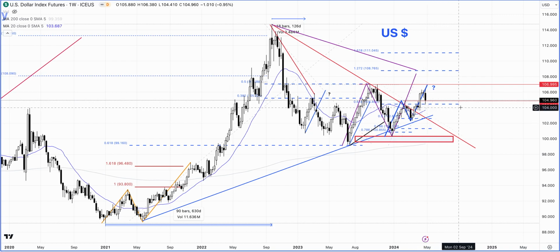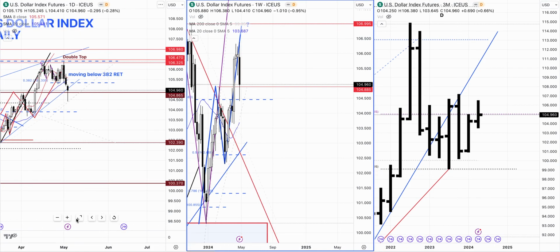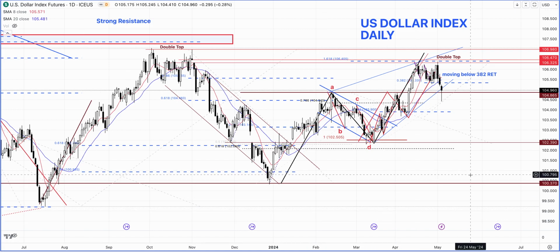So what we are waiting for is further confirmation on the daily charts. This is what we are waiting for in the dollar index, but the chances are more on the weakness for the US dollar.